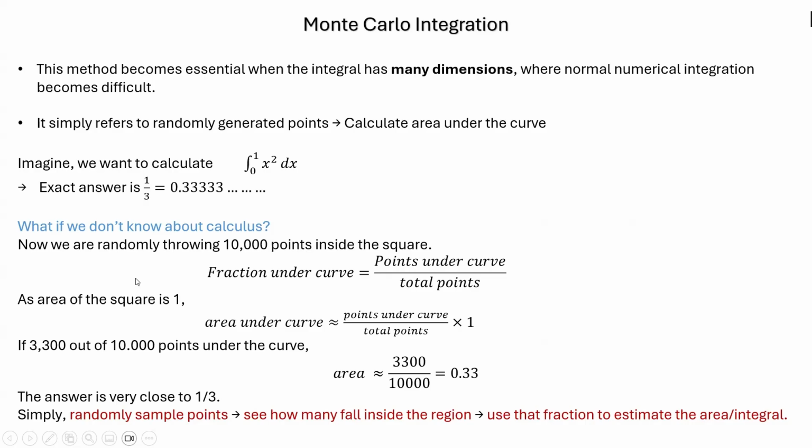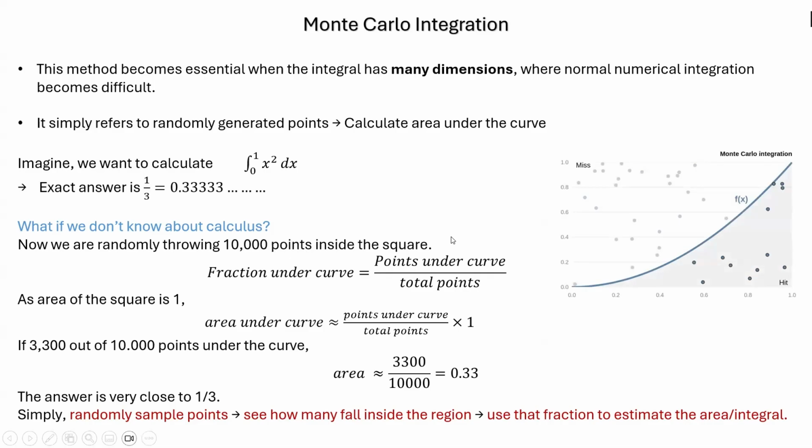So we randomly throw some points inside the square. Here is a picture. You can see that we are randomly throwing some points into that square. Why are we saying square? Because it's from origin to 1, so if we square it, it becomes like that.